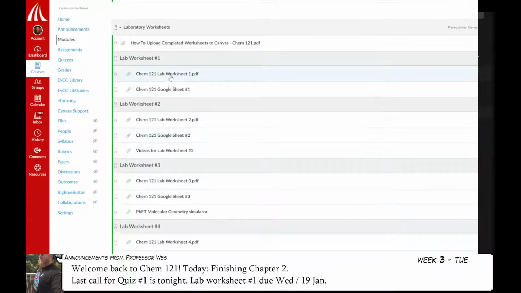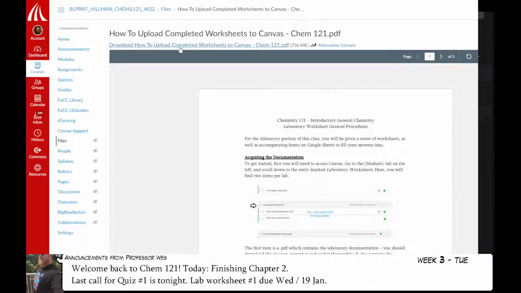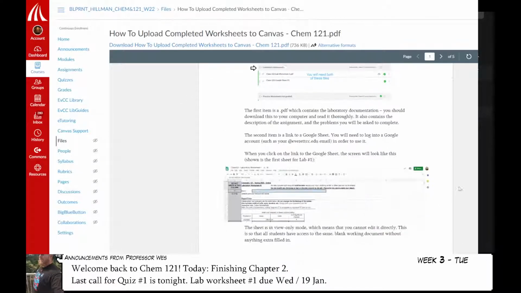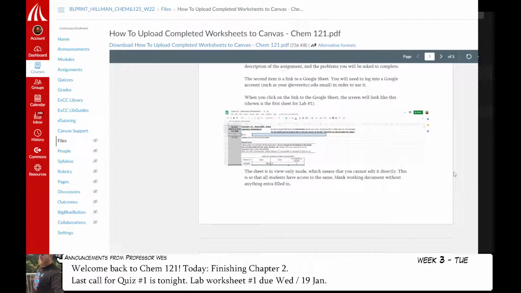Every time you do a lab, download the worksheet and open the Google Sheet. If you are trying to do stuff without the PDF, you're not going to be able to do it, because I don't put everything in the Google Sheet. Otherwise, it'd just be too big. Why would I make 2, right? So the lab worksheet PDF tells you what to do for the assignment, and then the Google Sheet is where you enter your information. And then it shows you how to get your own copy here.